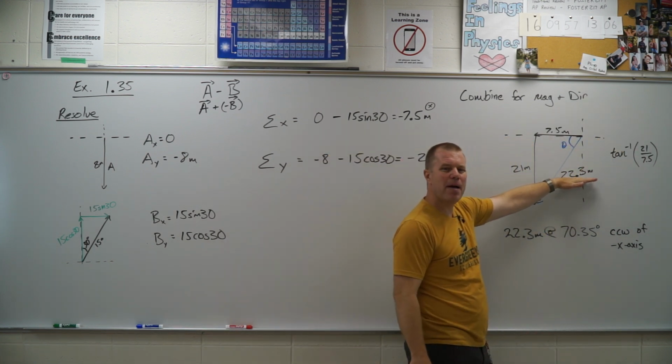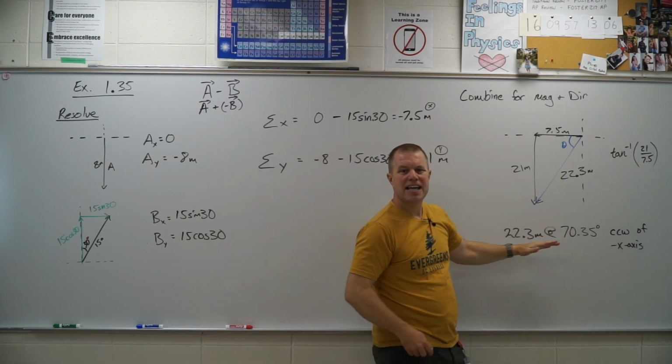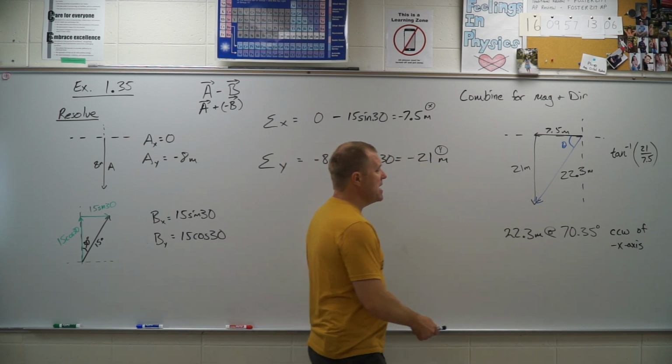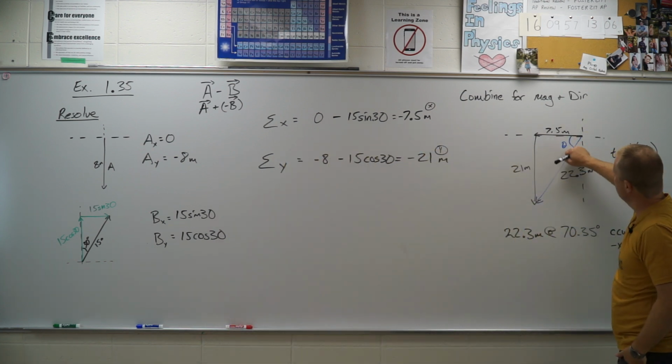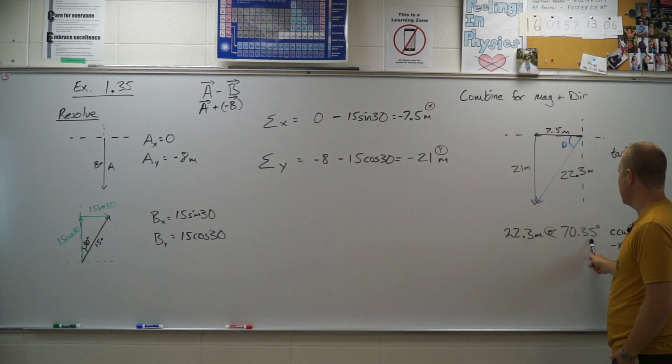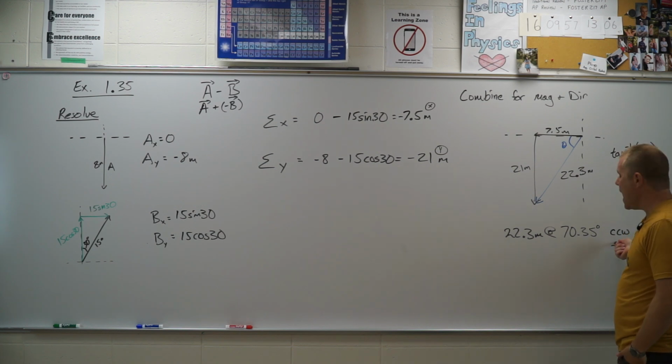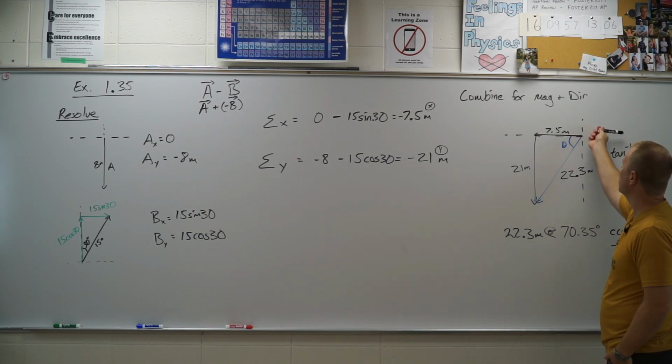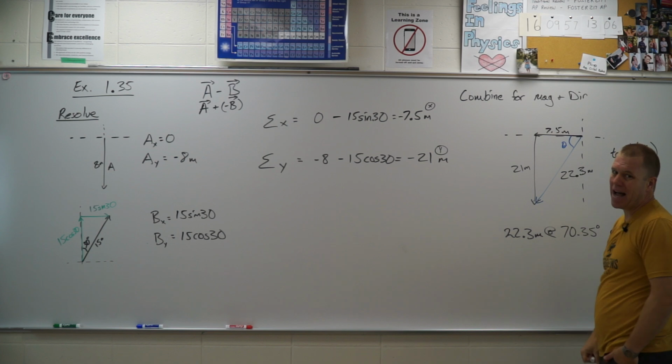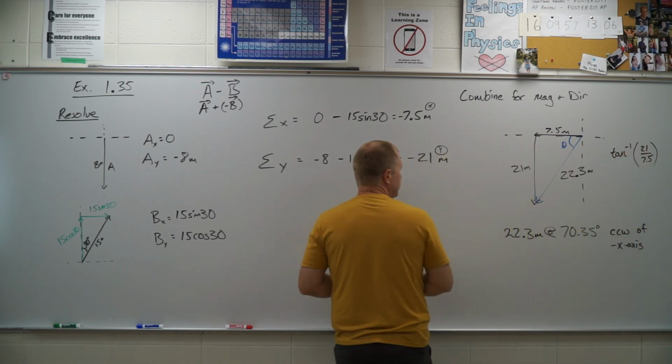I'm going to get the same magnitude, it's just the direction is opposite. So instead of being in this direction, it's going to be completely opposite. So it'll be 70.35 degrees clockwise, or still counterclockwise, I guess, of the positive x-axis.